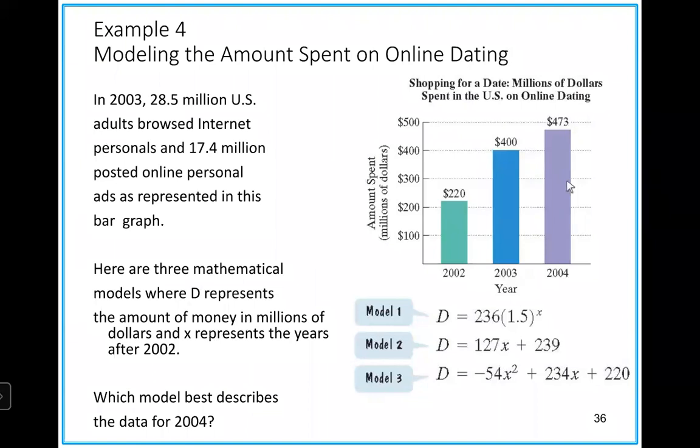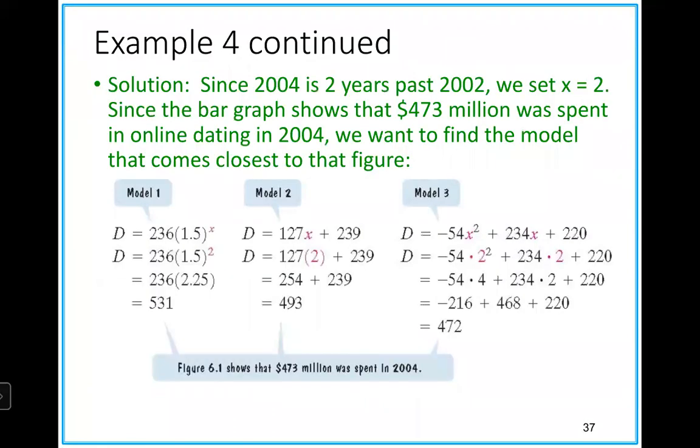Now, how much money was raised in 2004? 473 million. So they want to see which of these three models best describes what happens in 2004. So what they did is to work it out using the three models.